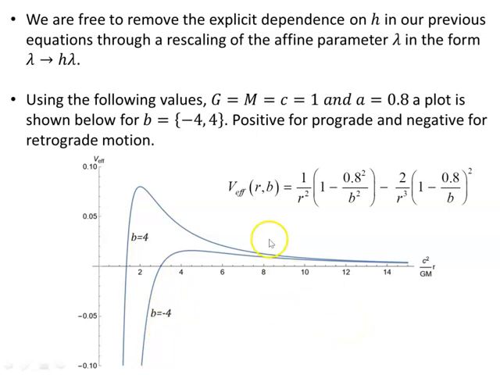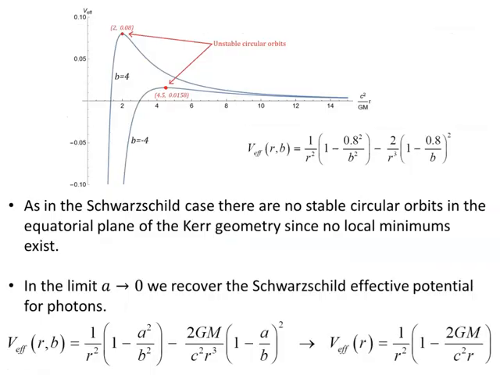Notice here there are no local minimums on any of these. This plot here just asymptotically approaches the horizontal axis. There's one local maximum, which we recognize as being the location of an unstable, very important, circular orbit.